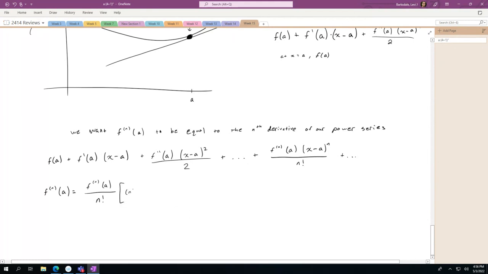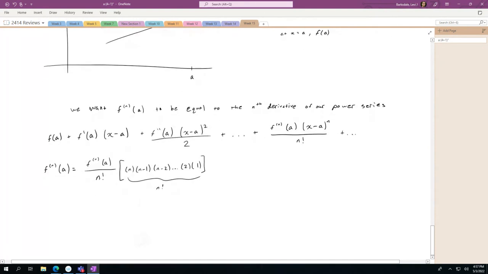So I would have n times x minus a to the n minus 1 times 1, but then I take the derivative again, the n is a constant, so then I have n minus 1, which was my new exponent, and then I keep going, n minus 2, all the way down to 1. And that's when I would stop for that term, because that means I had taken the derivative n times. All of this is, of course, just equal to n factorial. And then n factorial divided by n factorial is just 1. So this is actually equivalent.